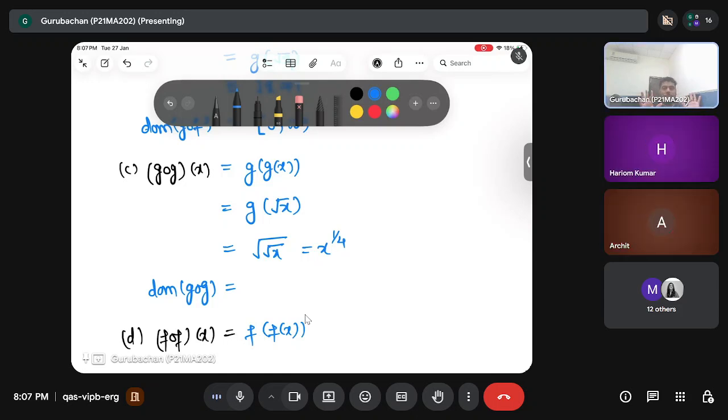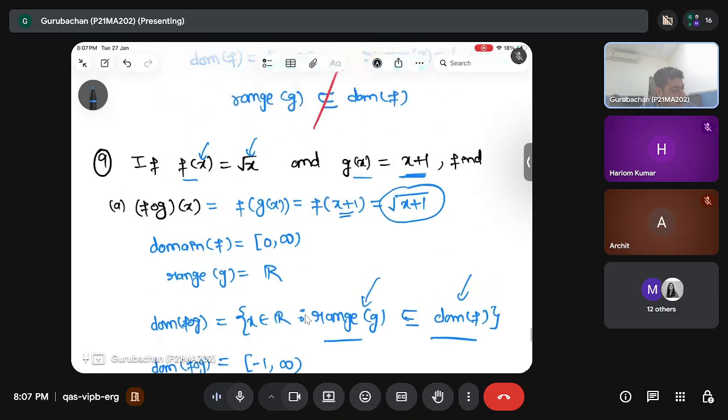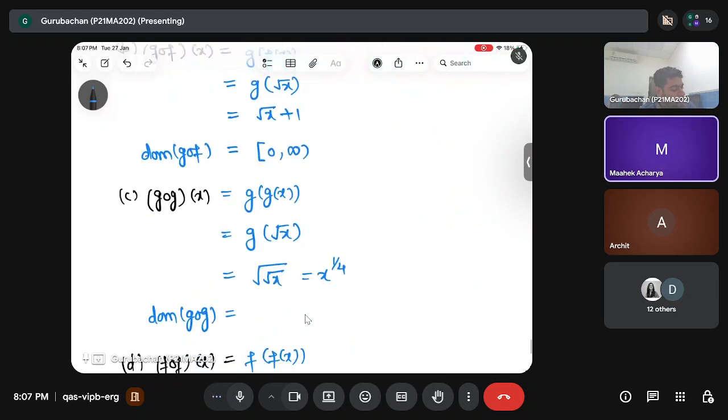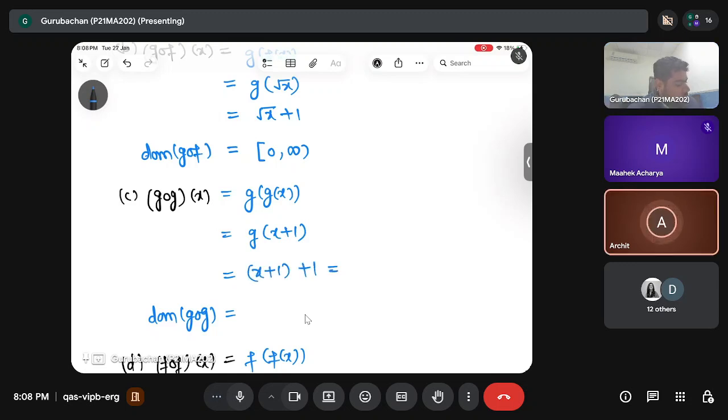No one is focusing. What is g of x here? Sir, x plus 1. Then g of g(x) is x plus 1 plus 1, so it will be x plus 2, and the domain will be the whole real number.